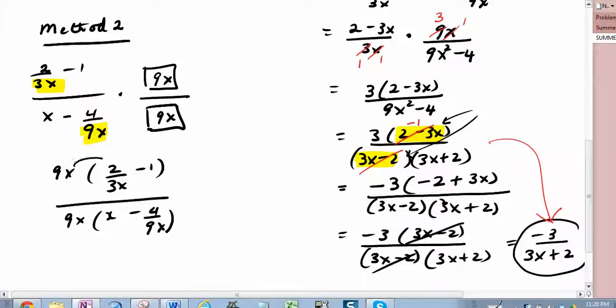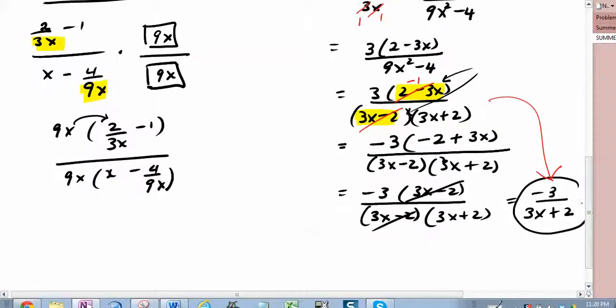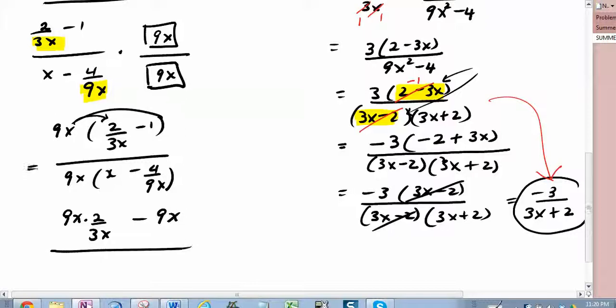And I'm going to distribute the 9x in each case. 9x times 2 over 3x minus 9x as I distribute. And what do I get when I distribute? In the denominator, 9x squared minus 9x times 4 over 9x.